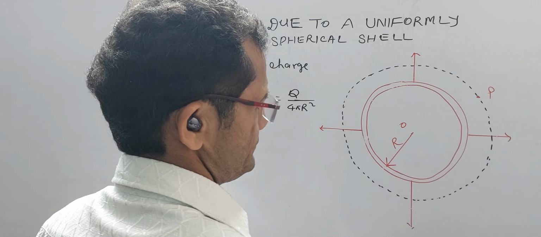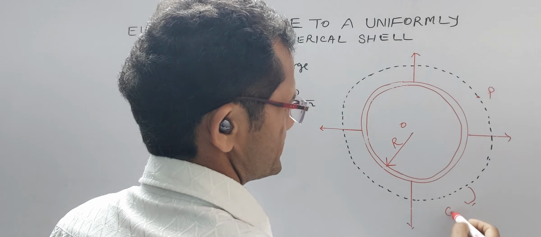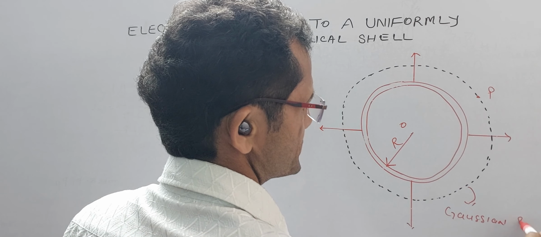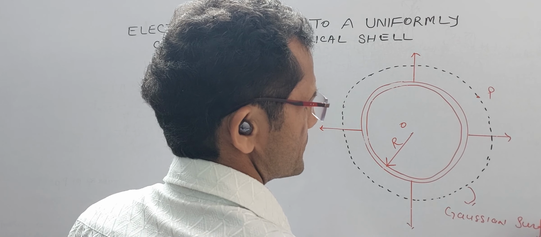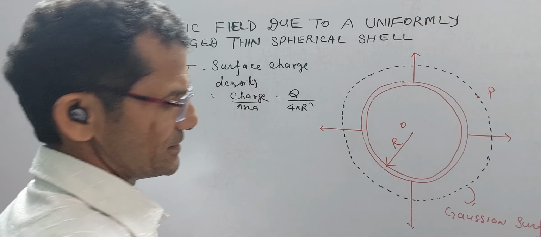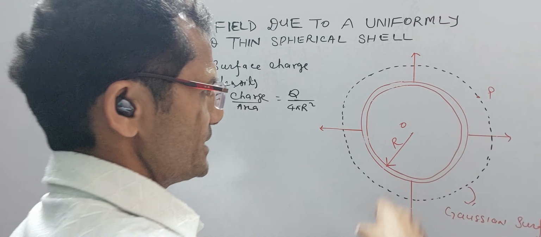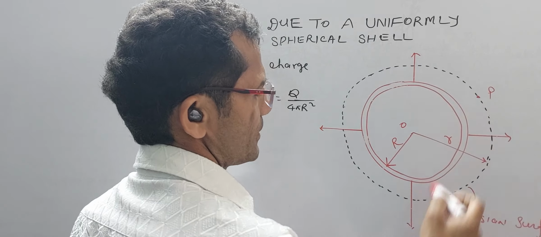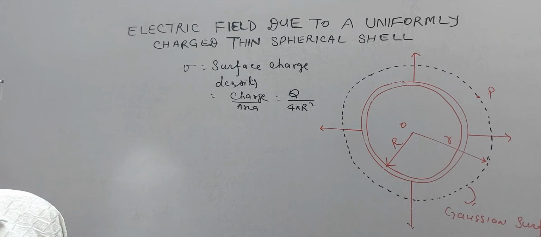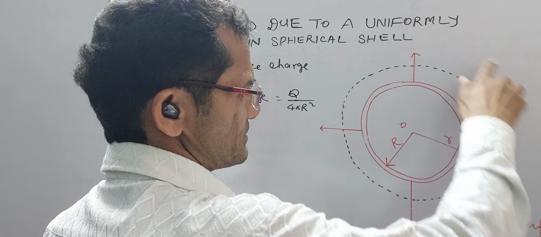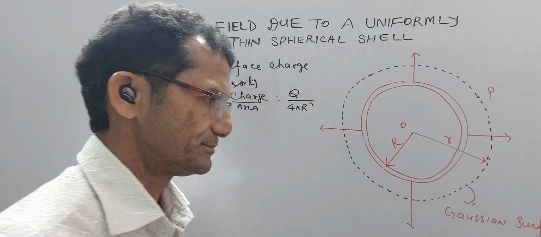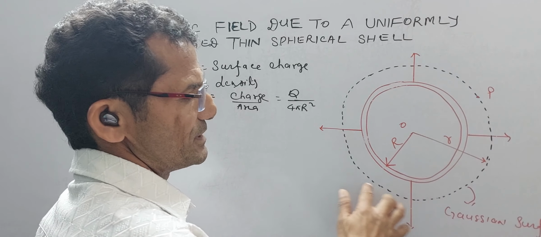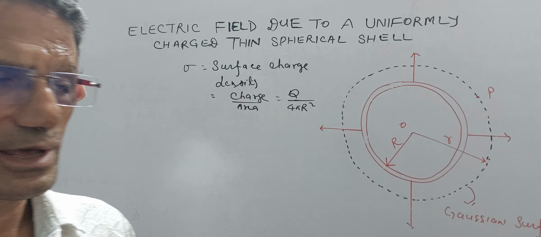This is called the Gaussian surface. Since it is at a distance of r, every point of this spherical surface is at a distance of small r, so the magnitude of the electric field at every point of this surface whose radius is small r is the same.